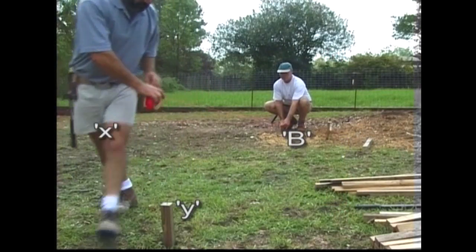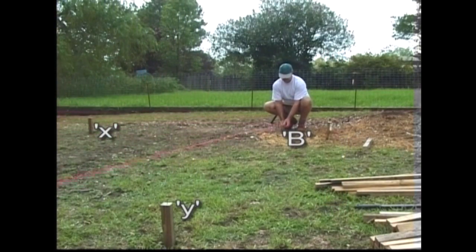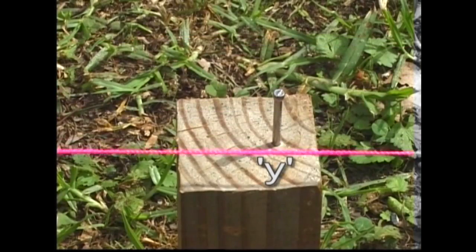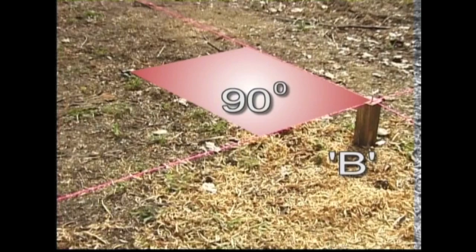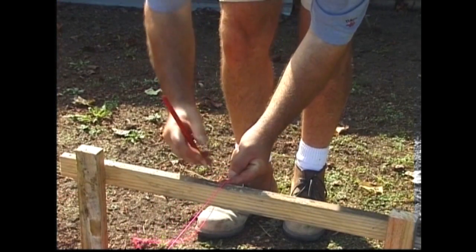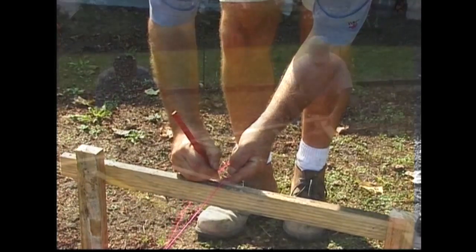A string line is run from the nail in peg B above the nail in peg Y and tensioned. This produces an angle of 90 degrees at peg B. A profile is then set up and the string position marked.